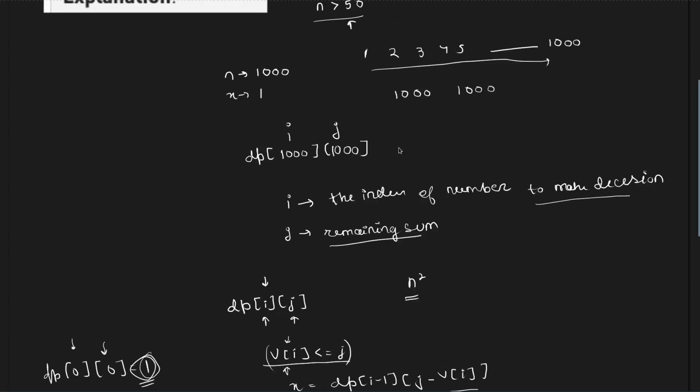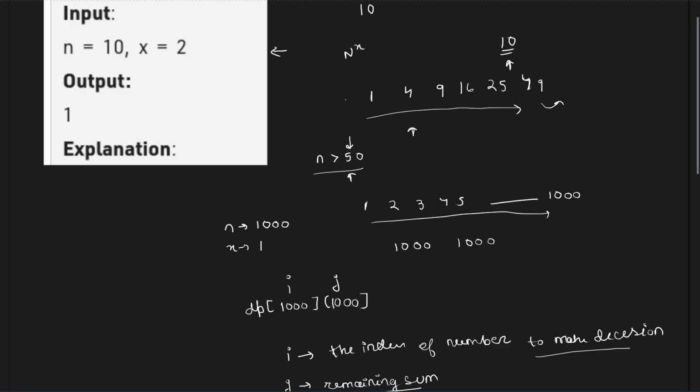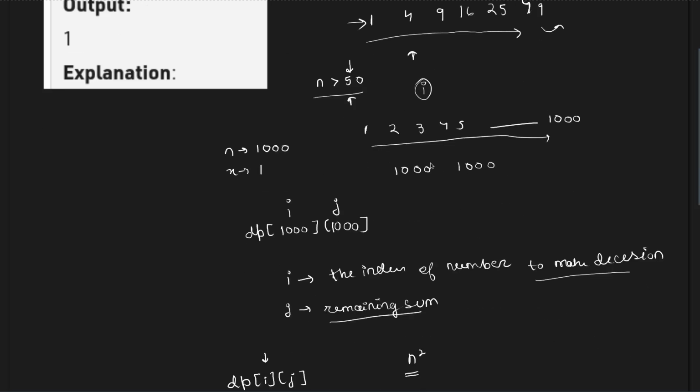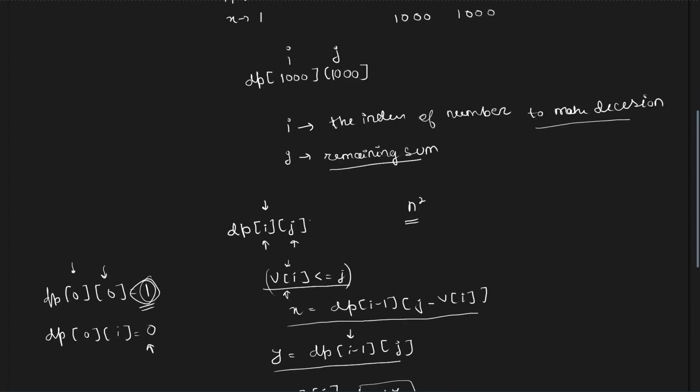And since we were also maintaining this array where we are calculating for each natural number its i raised to the power x, let us say we are using an efficient method like binary exponentiation. In that case it will be log n.